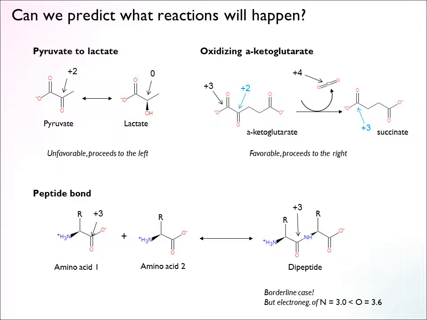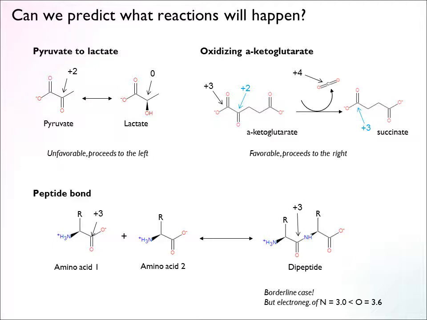And as we said, oxygen and nitrogen are almost the same. So if you put the formal oxidation number of this, it's going to be +3 still. So you can't really say in which direction this is going to go. But it's a borderline case. As you remember, we said that the nitrogen atom is a bit less electronegative than the oxygen atom.